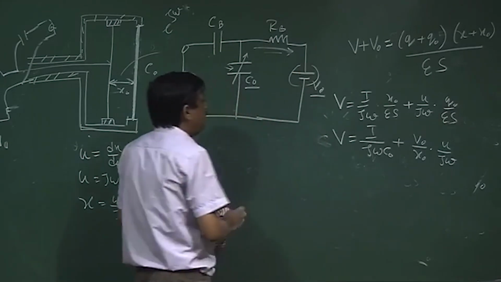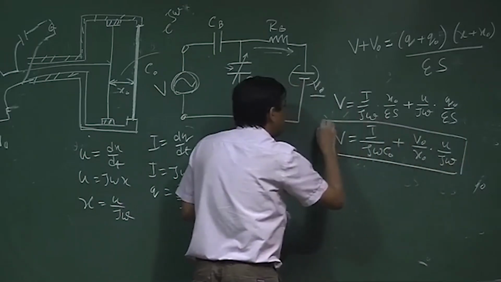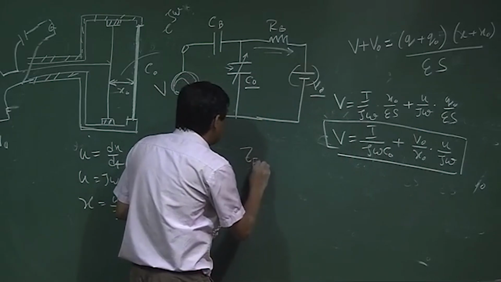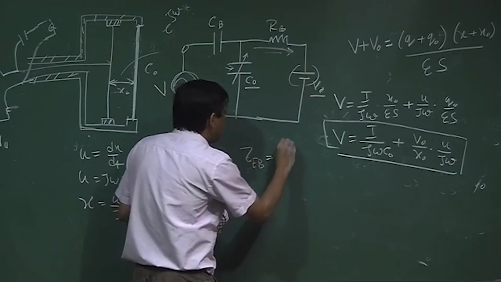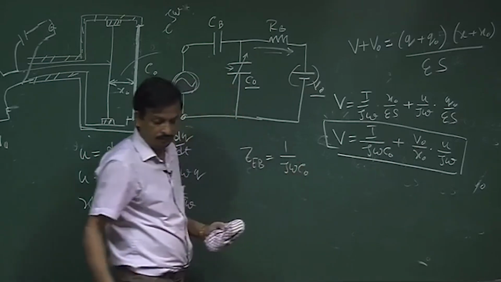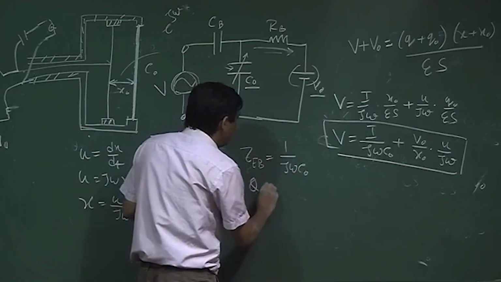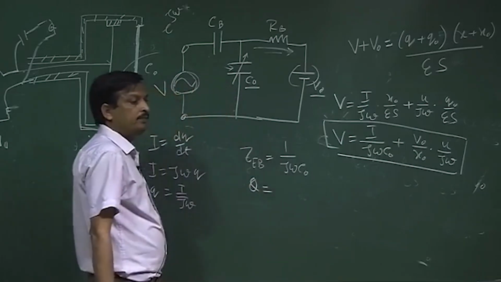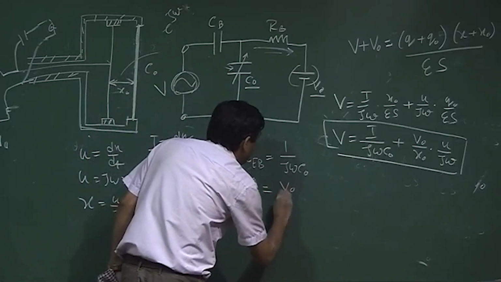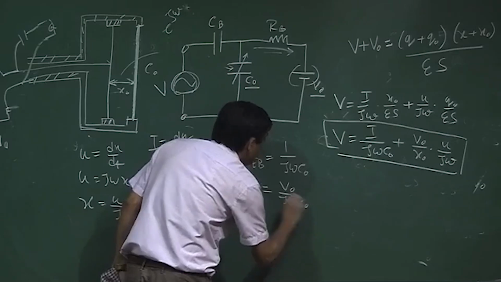Now, if you see, this is the canonical equation of a reciprocal transducer. What is ZEB? ZEB is nothing but 1 by j omega c0. And what is phi? Phi is nothing but v0 by j omega x0.